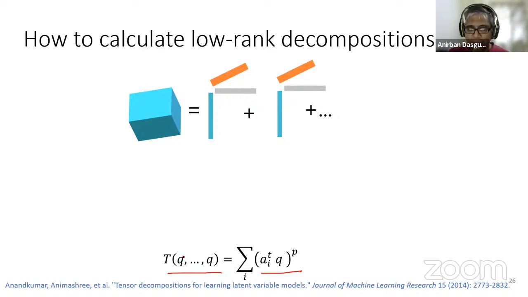You define the product of this vector Q, making K copies of Q, with the tensor T as a summation over all possible a_i transpose Q. Suppose T is composed of A1 plus ... plus AN.